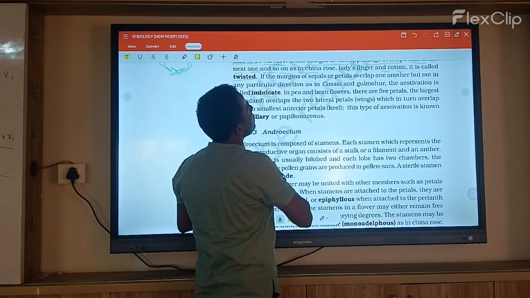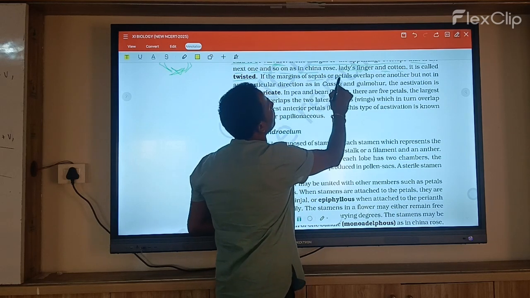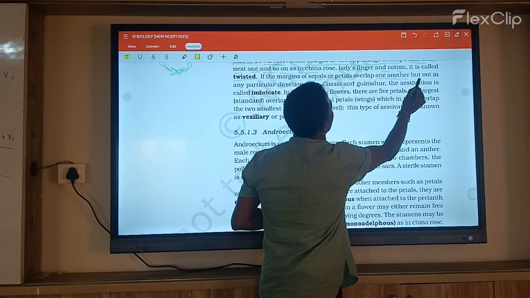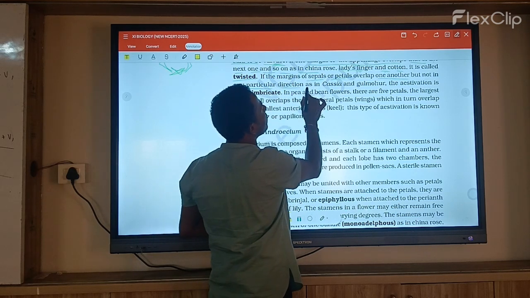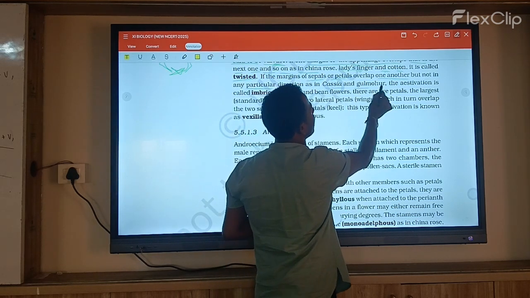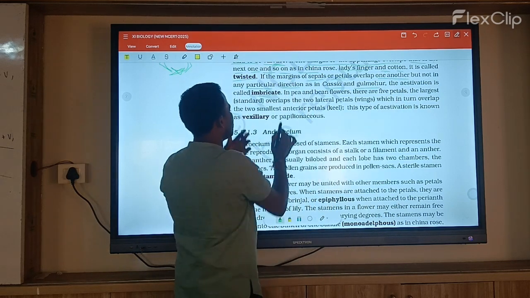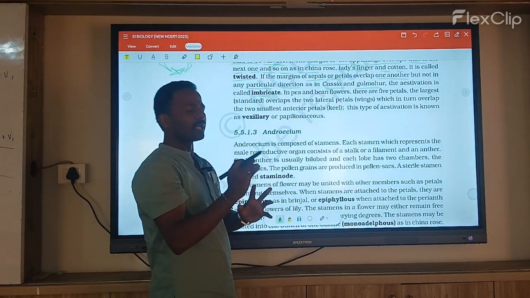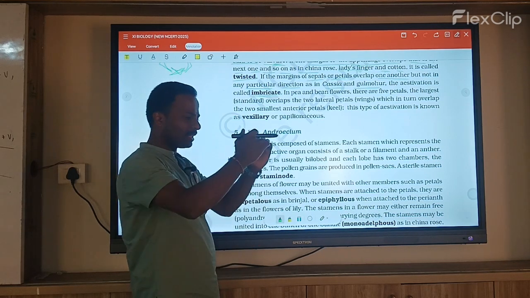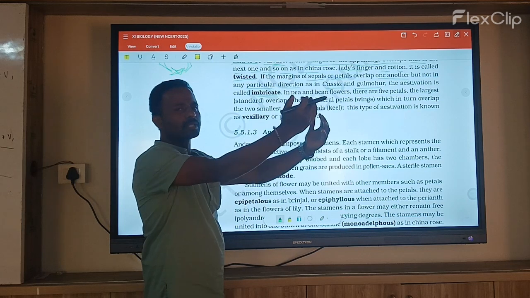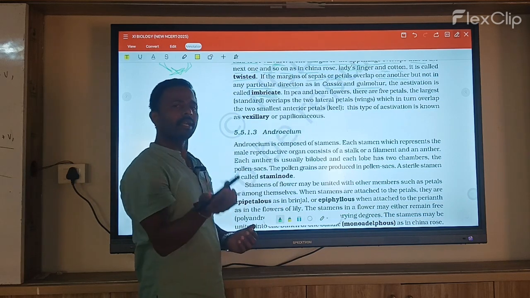Here the margins of the sepals or petals overlap one another, but not in a particular direction. You see this in Cassia and Gulmohar. This estivation is called imbricate. They overlap, but not in a particular direction. One is completely inside, one is completely outside, and the remaining are inside and outside.